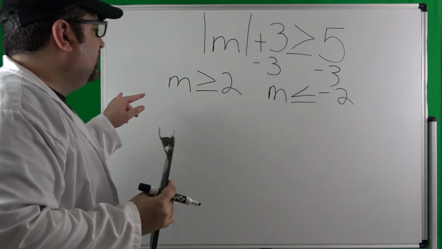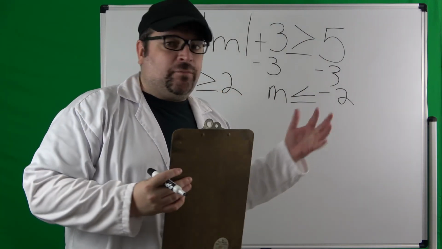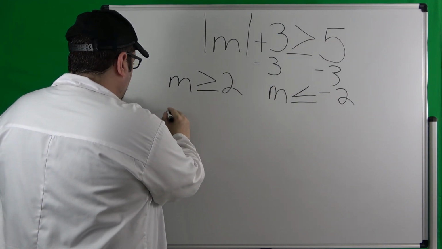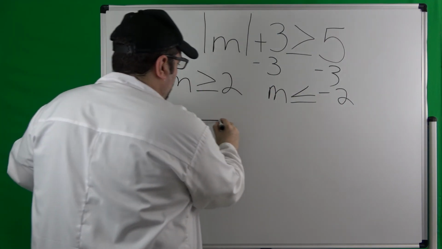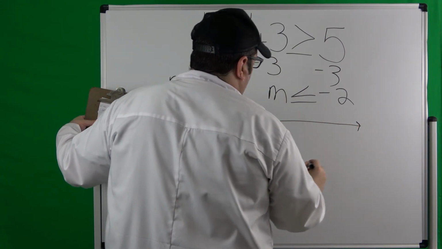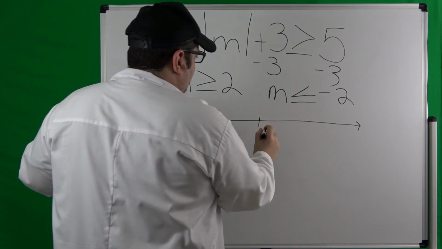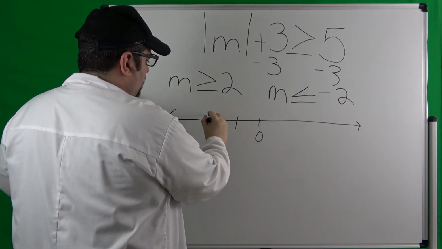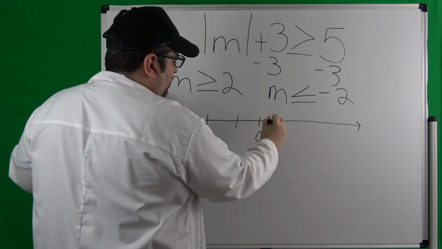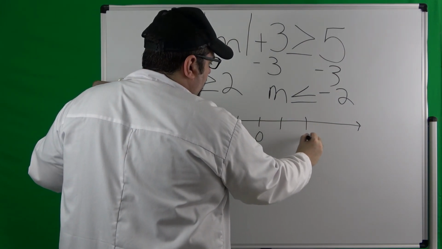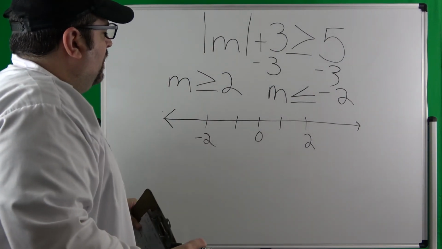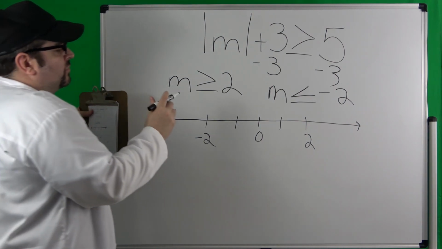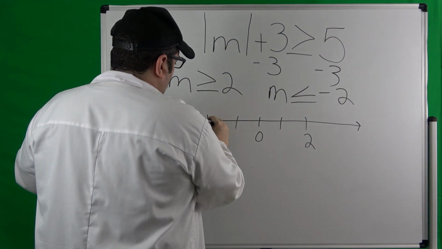So, we have 2 separate inequalities here, and we just have to graph them on the number line. So let's draw our number line here. Zero. We need to label -2 and 2. It's going to be a closed circle because they're both "or equal to."